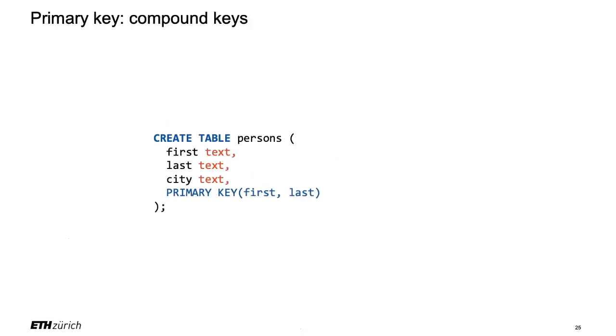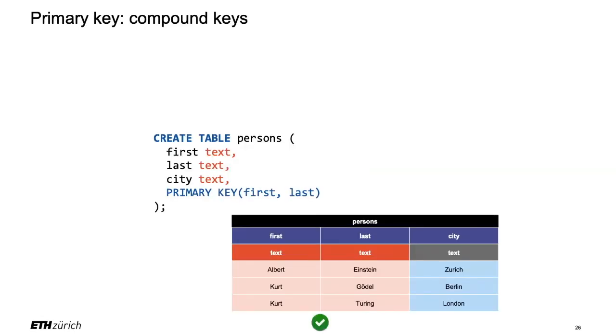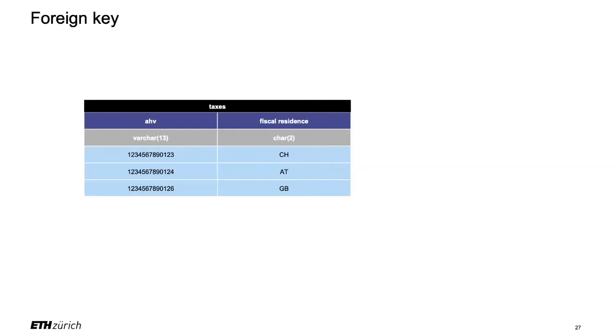It's the same thing, all right? And finally, you can also define several attributes jointly to be your primary key. The first name plus the last name are together the primary key, which may or may not make sense because, as you can imagine, if you have an entire country, it's bound not to work. You will have people with the same first and last name. So this is really just an example. Okay, in that case, you have both the first and last that identify them.